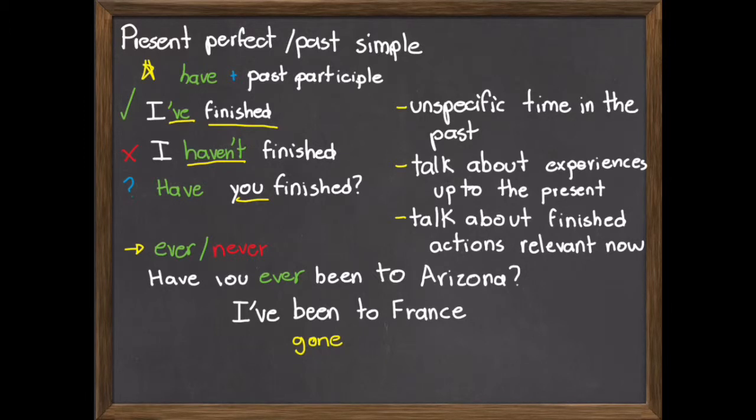I've been to France means that it happened a while ago and now we're back in another place. But I've gone to France or they've gone to France means that they are still in France up to now. So they have different meanings. Make sure not to mix them up. Been and gone.